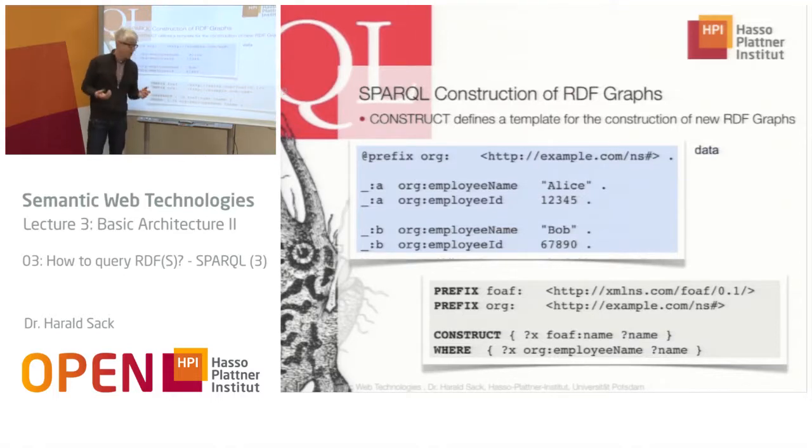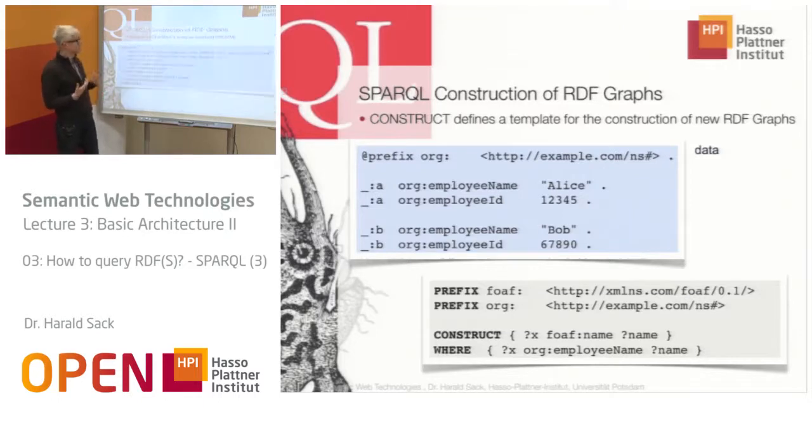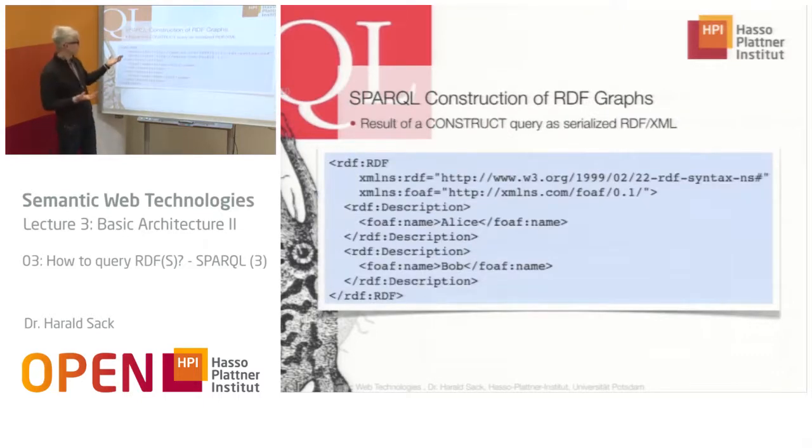So in the end, if you define the result as serialized RDF XML, the result of your query will be an RDF file based on XML, where you have RDF information about the content of your database in connection with the FOF namespace.